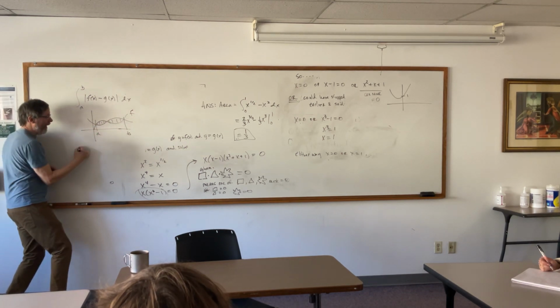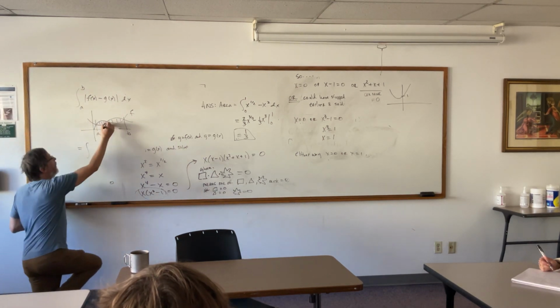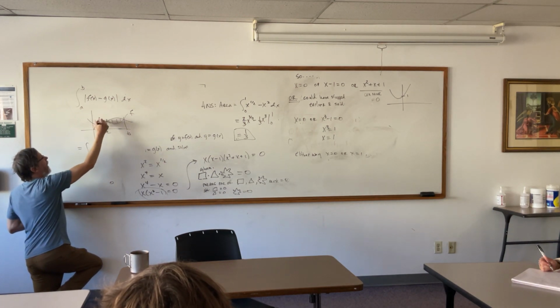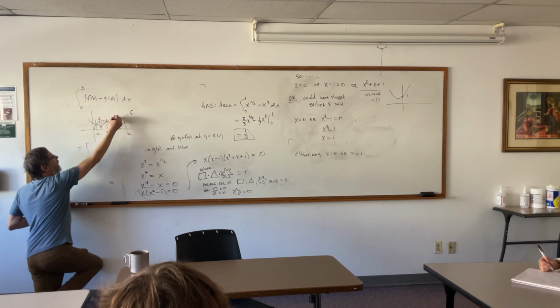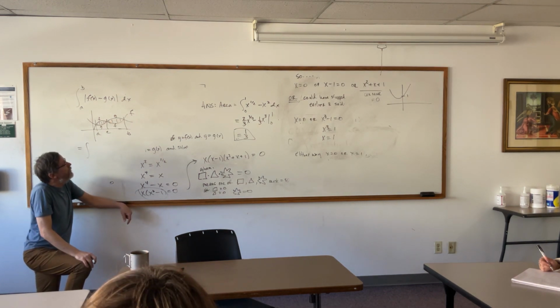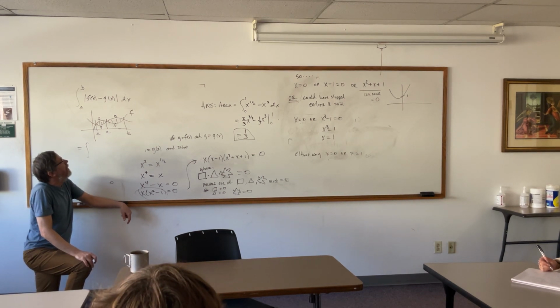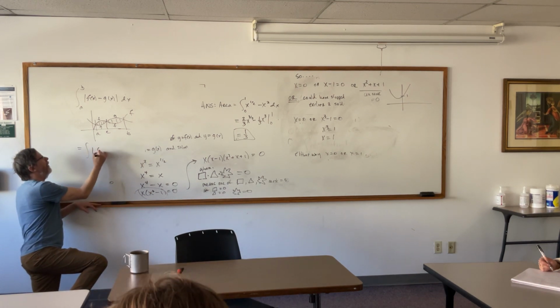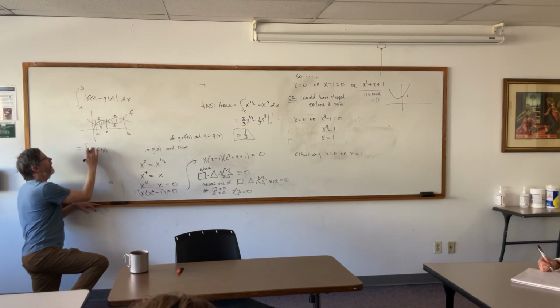For this one, I would have to break it into two separate integrals. I'd have to figure out what that point is, because notice that f is on top there, but f is underneath there. But what if we did the absolute value of the integral from a to c and then from c to b? So the absolute value is on the outside, not inside the integral, like this?